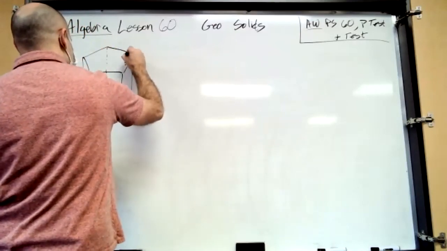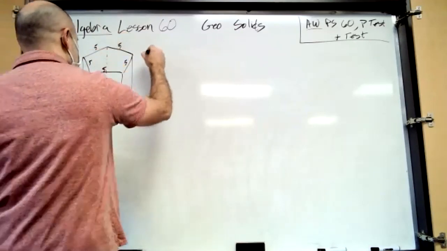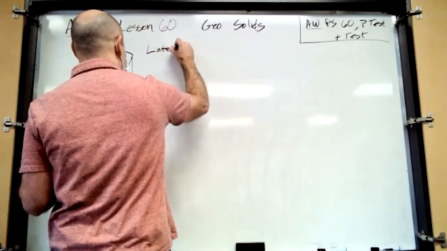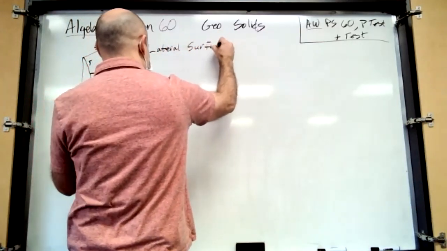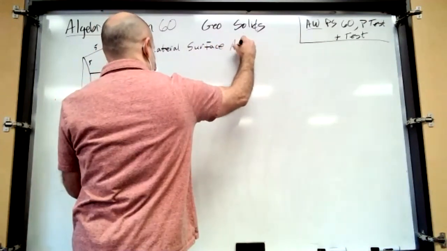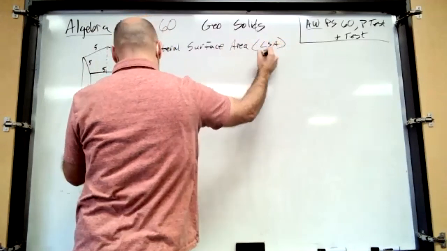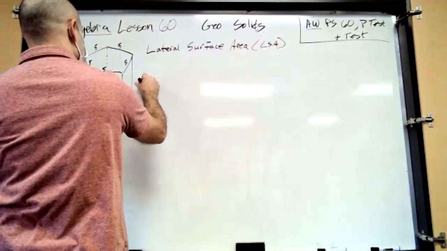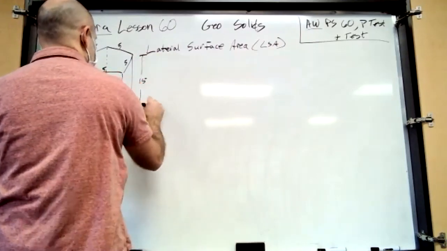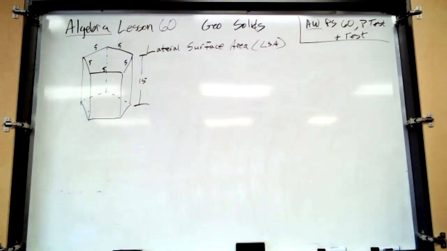And so let's say every side was 5 units long. So how do I find the lateral surface area? These are the only dimensions that I'm given. Actually, LSA is how it's abbreviated. But let's say this prism is 15 units high. Okay? How would I find just the lateral surface area?